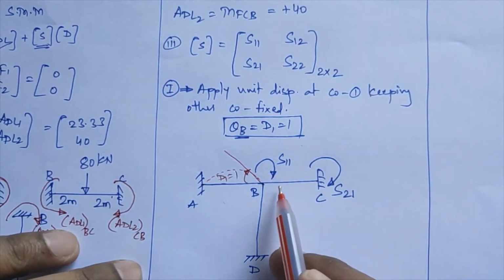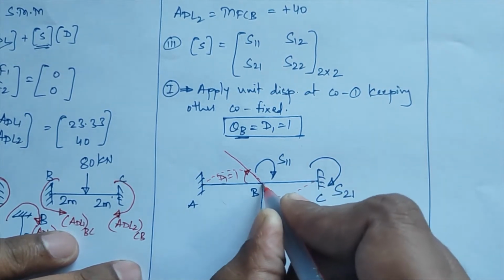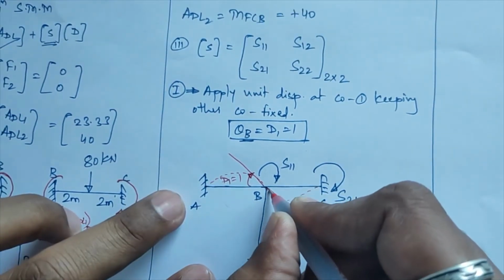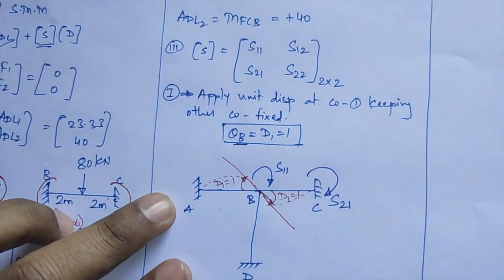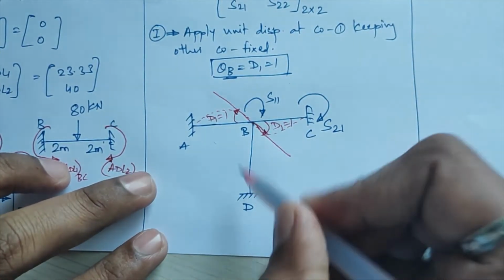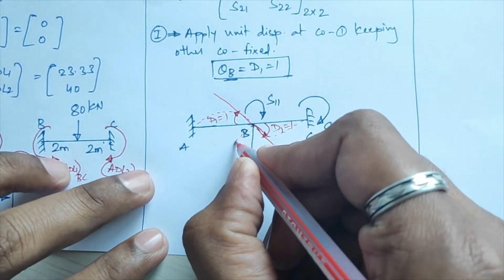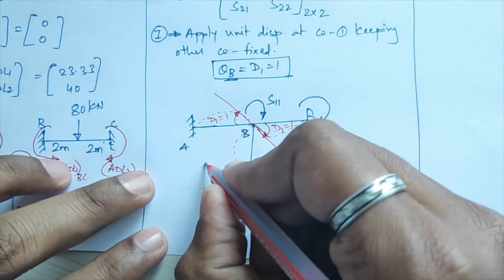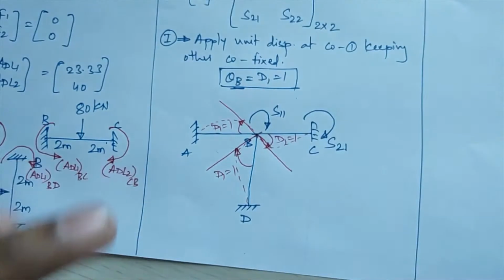S of 1 1 is originating from the downward side, so this will be going on the downward side, which will again show this D1 is equal to 1 there. And now for the BD member, it is originating from the left hand side, which will again show D1 is equal to 1 there.